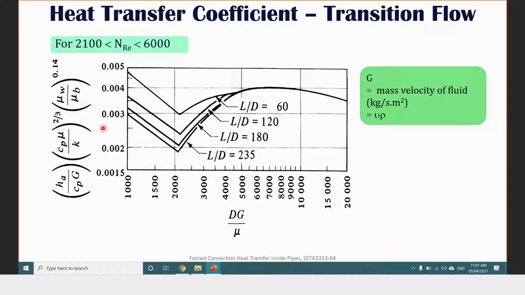So all these terms equal 0.0035. If I have all the other values except hA, I can calculate the value for hA.